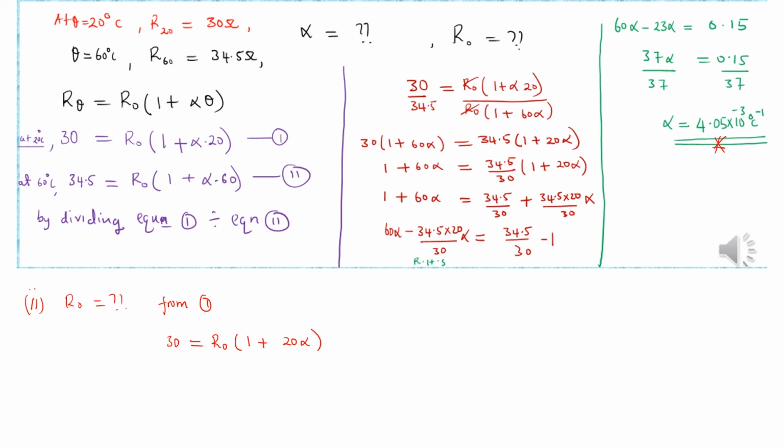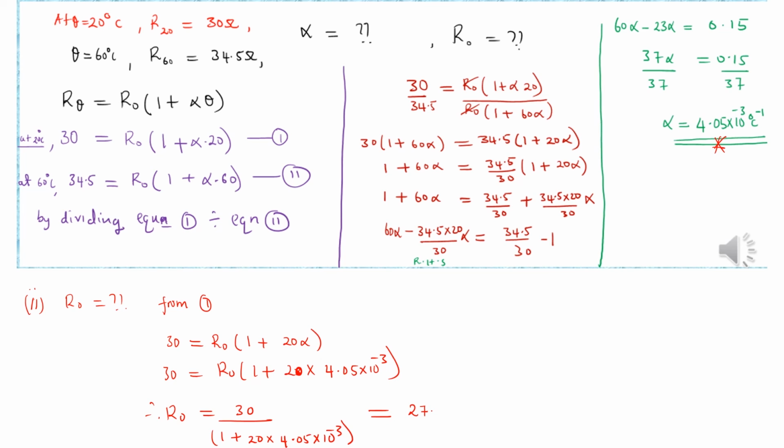Therefore, R0 is 30 divided by 1 plus 20 times 4.05 times 10 to the negative 3. This becomes 27.75 ohms.